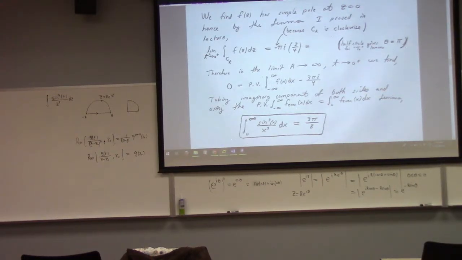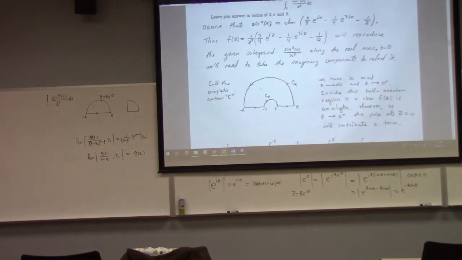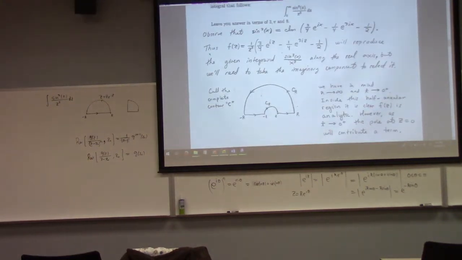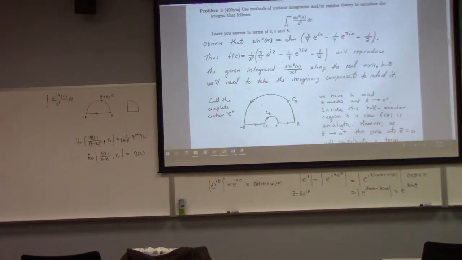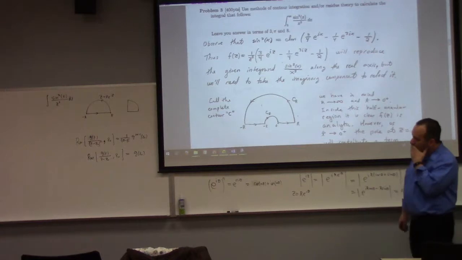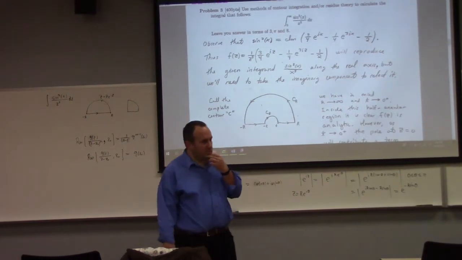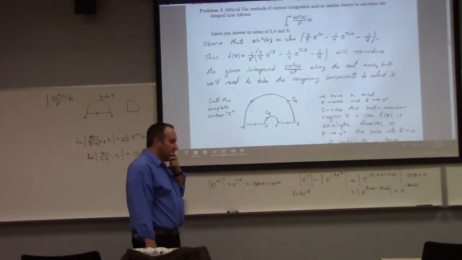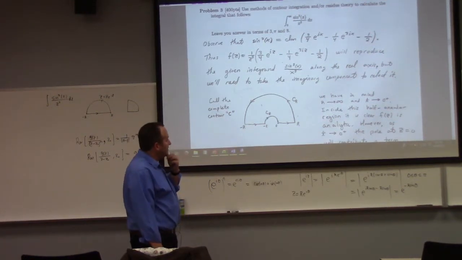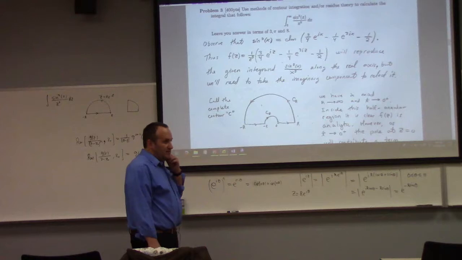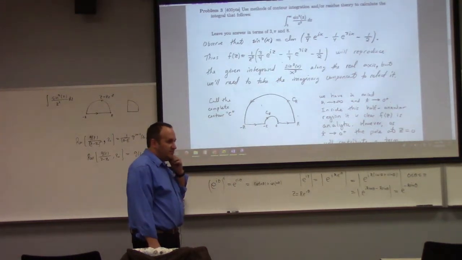Let's go back to the very start for a second. I guess the point is, in order to use contour integration and residue calculus, we need to have some kind of trouble to get into.